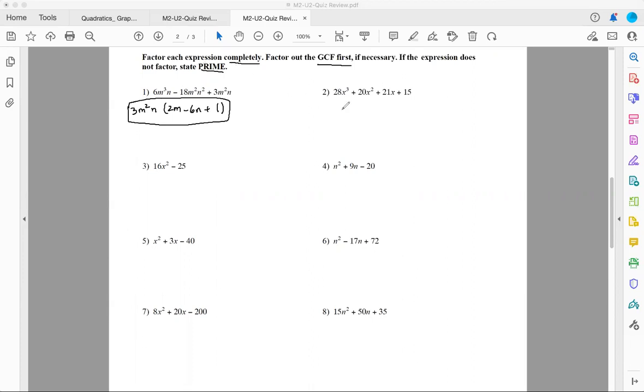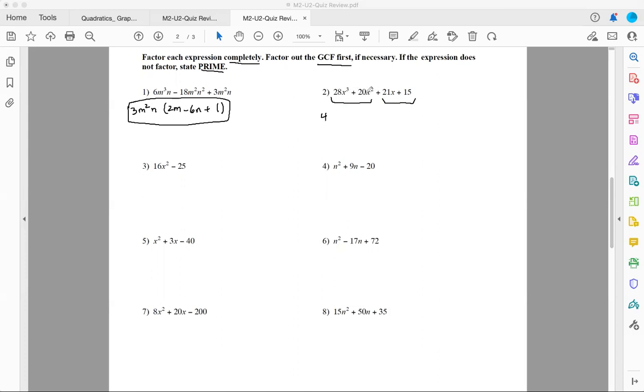So you're factoring the terms 2 at a time, right? In this case, I can see that 28 and 20 have a common factor, and so do the 21 and 15. So what's the greatest common factor to 28 and 20? Well, 7 times 4 is 28, and 5 times 4 is 20, so it's a 4.